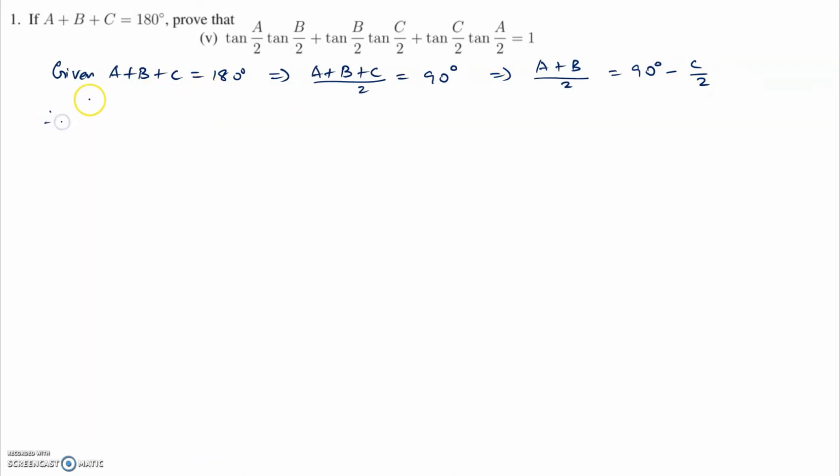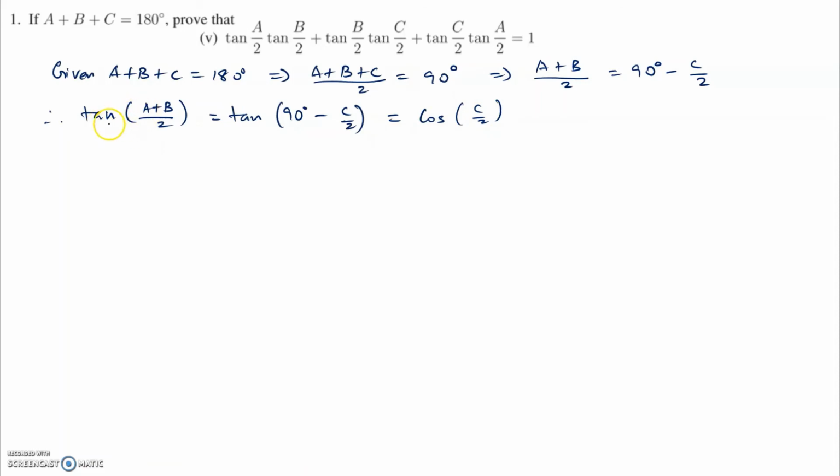Therefore, tan of (A plus B) divided by 2 will be equal to tan of 90 degrees minus C/2. Now this we know, tan(90 degrees minus C/2) will be cot C/2.